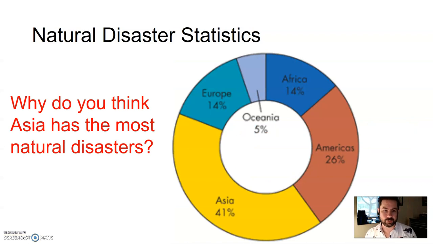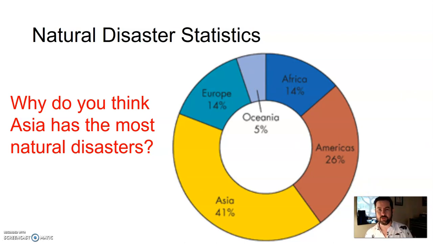Another one, this is an interesting graph. This looks at percentages of natural disasters per country. Asia, on average, has 41% of natural disasters. The Americas, North and South, 26%. Africa and Europe, 14%. Oceania, Australia, and some of those Pacific Islands, only about 5%. So why do you think Asia has the most natural disasters?